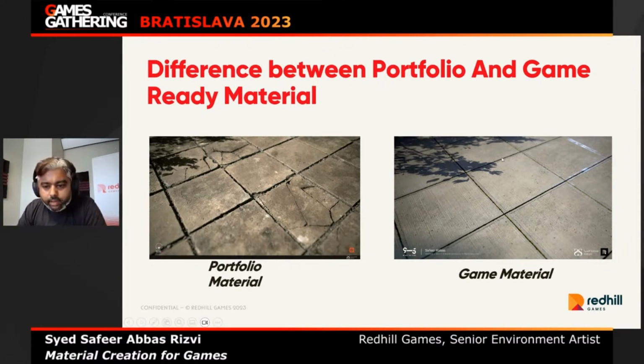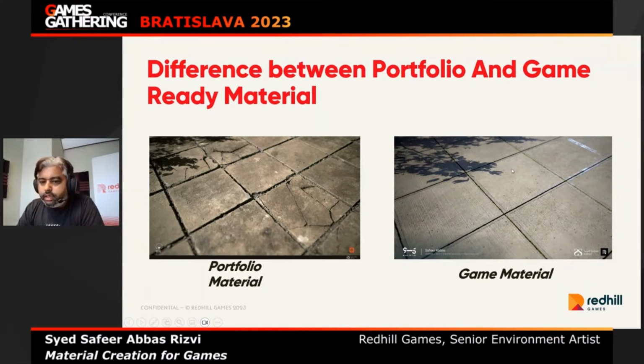But looking at the material on the right, you can see it's quite flat. It doesn't have as many details as the left one, but it can easily be tiled, and there is no element on the surface that looks super repetitive.